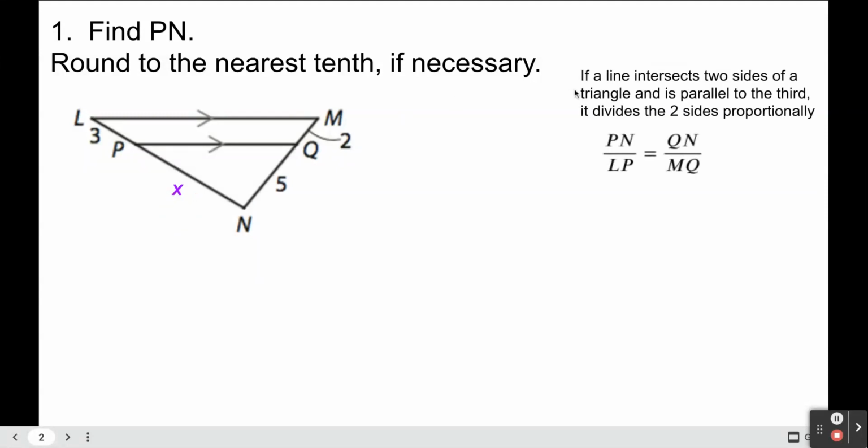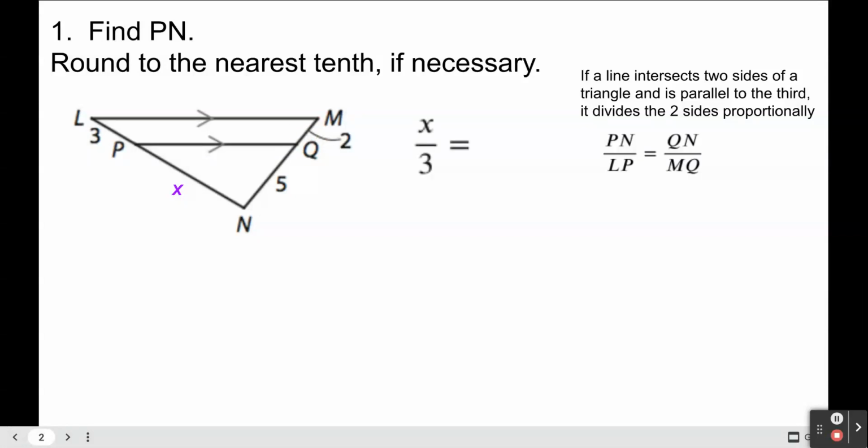If a line intersects two sides of a triangle and it is parallel to the third side, then those two sides are proportional. So PN with the same side LP there, those parts are going to equal QN with MQ.